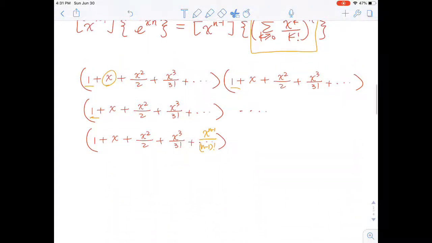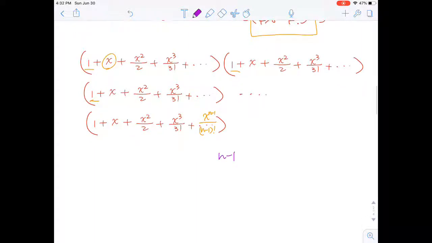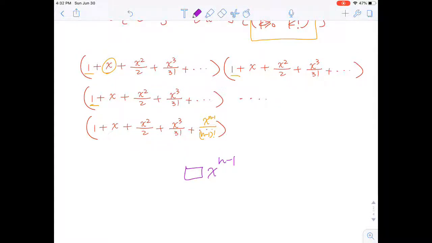So the question becomes, how can we combine these different powers, 3 or 4 or k, 1,000, such that they sum up to n minus 1? If they sum up to n minus 1, we are interested in this coefficient. So that's the question.